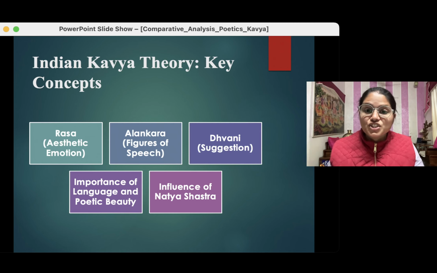Dhwani is the suggestive meaning, or an indirect speech to make it more aesthetic, so that it connects to the audience. There is importance of language and poetic beauty. Everything is basically influenced by the Natya Shastra.